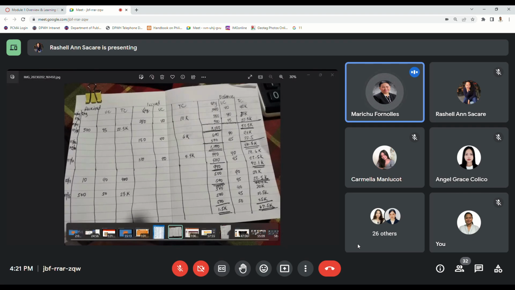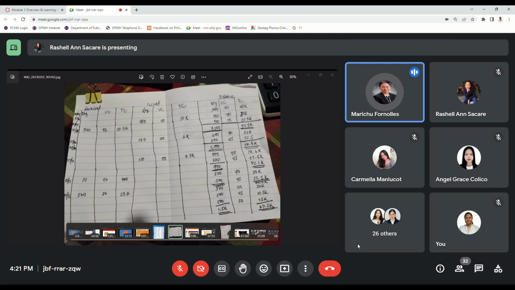Okay, 110 times 40 equals 4,400. Check. So, ang imong quantity balance, 990 yards, total of 42,100. Okay, check.